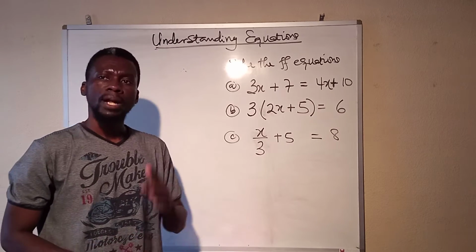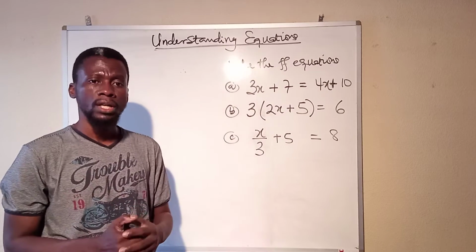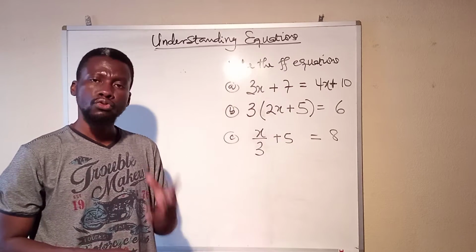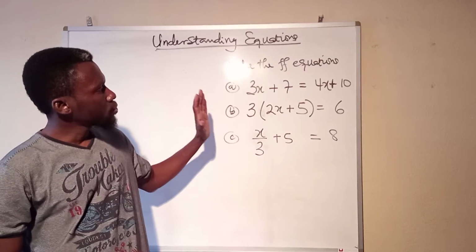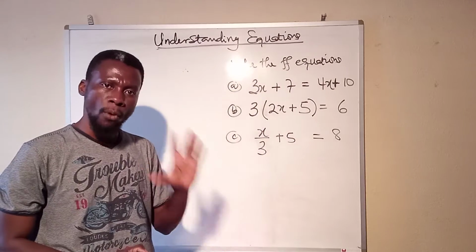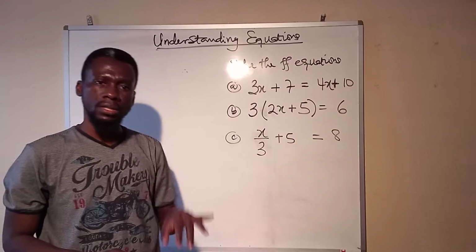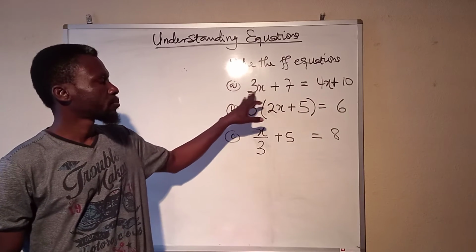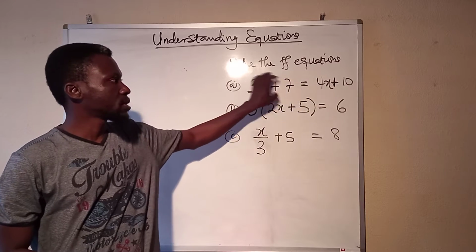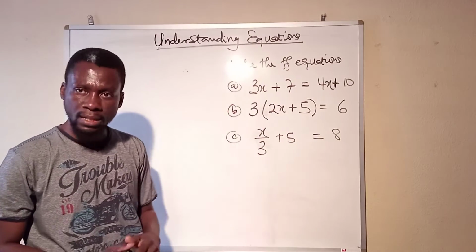Normally when I want to explain all equations, I'm going to divide them into 3 forms. I'm going to say linear equations, that is without fractions. These are simple linear equations without any fraction, without any brackets.